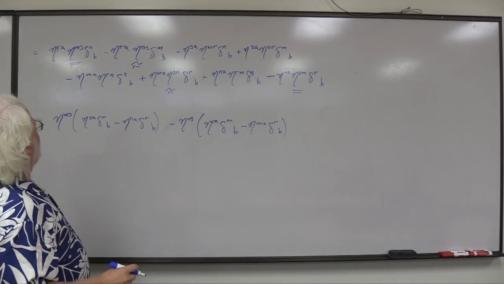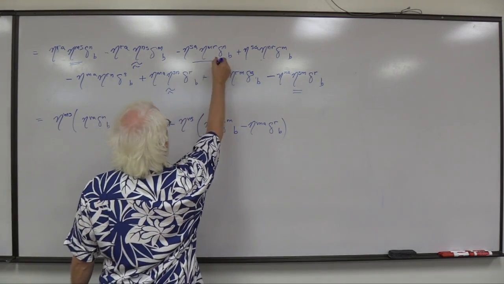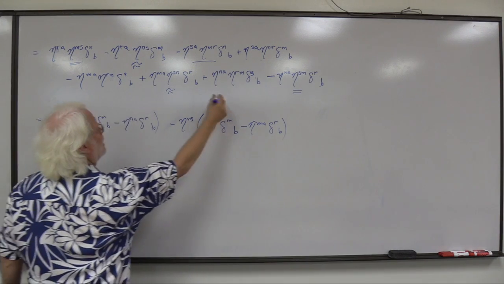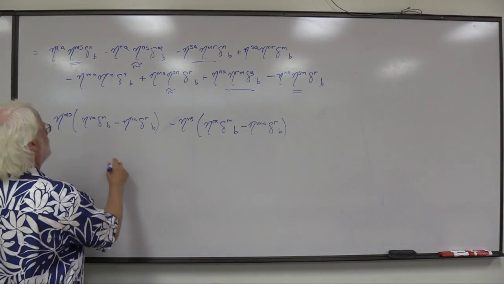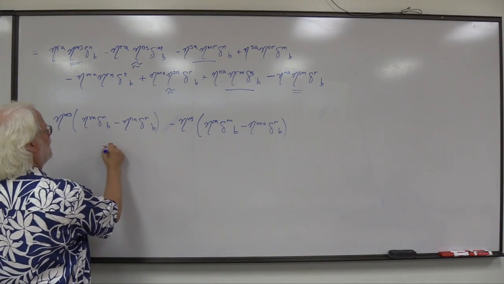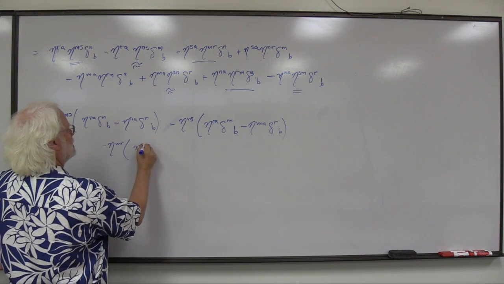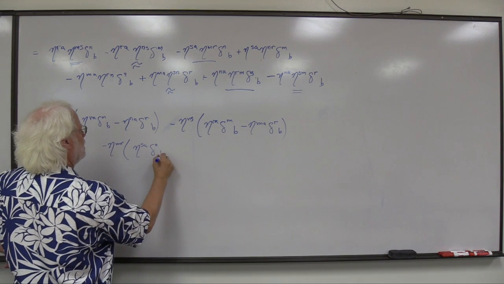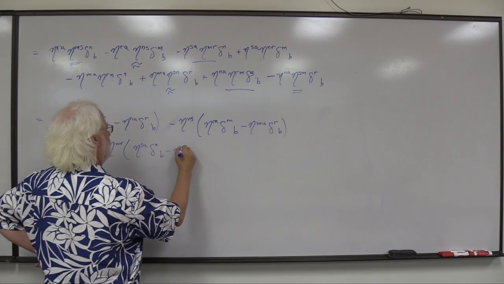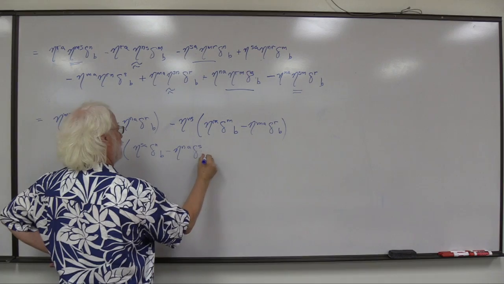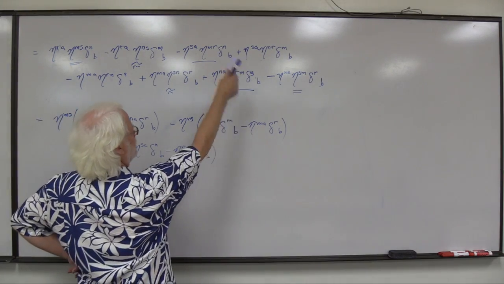Two more. Okay, so let's look at M R here, and that would be this one. So we have minus eta M R, eta S A delta N B minus eta N A delta S B. It better be. Is that right? Yes, good.